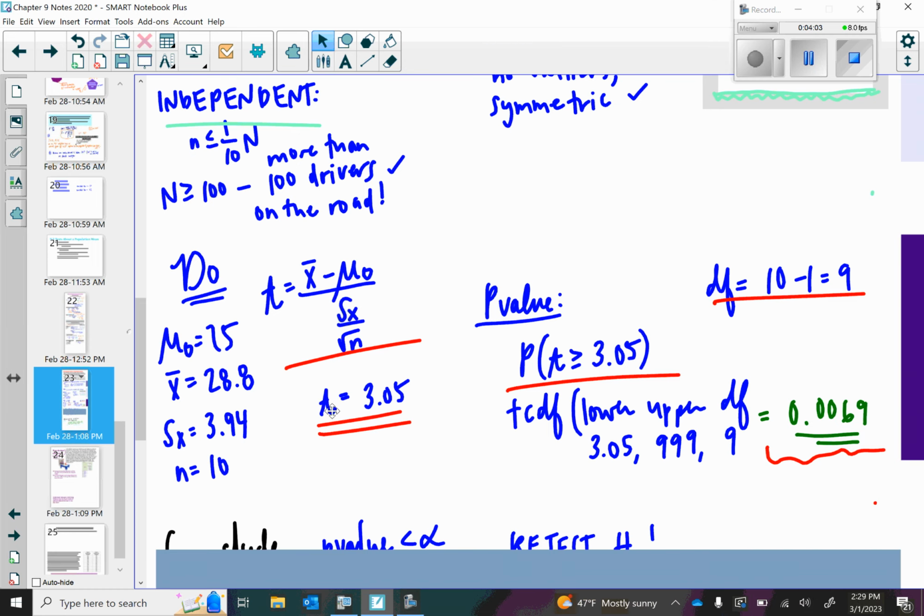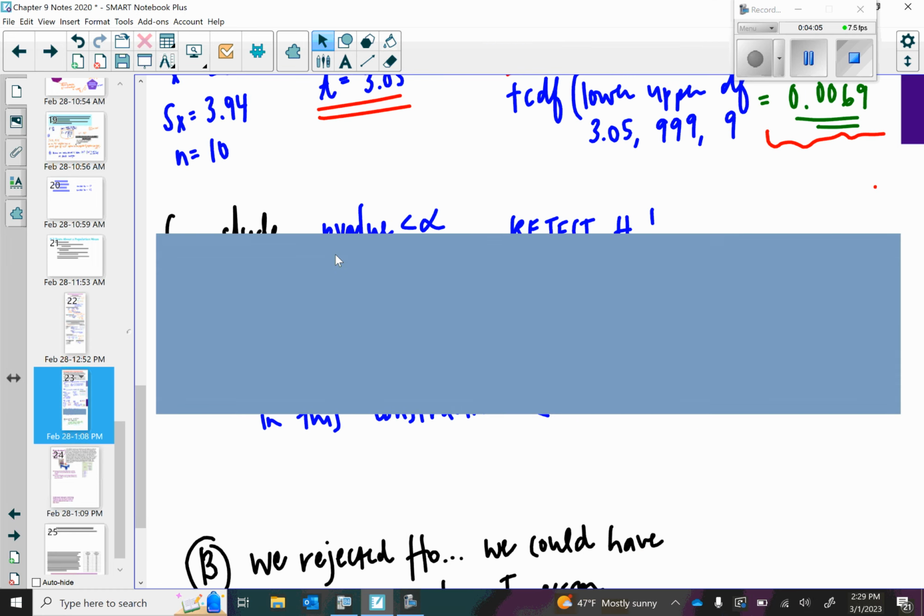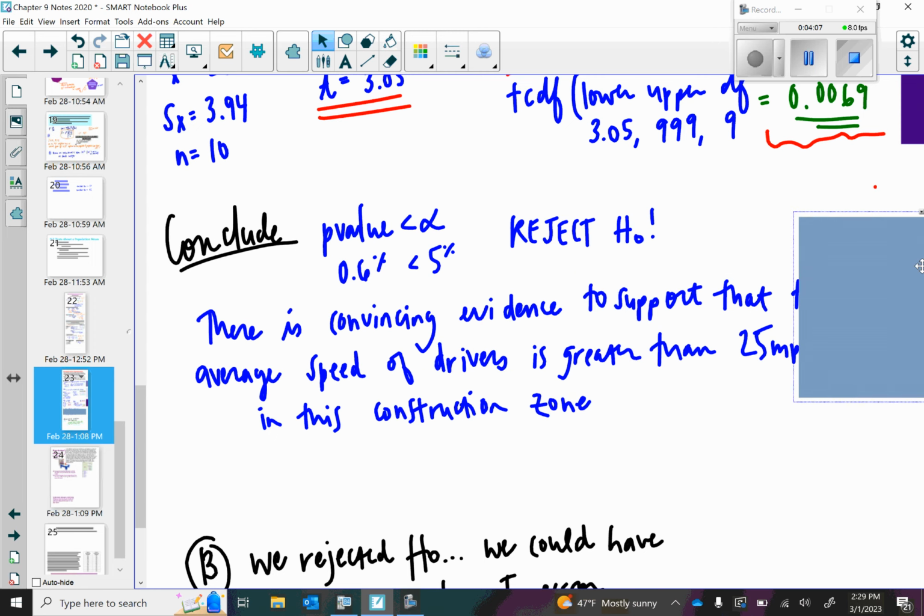Now that I've got my p-value, I can make a conclusion, which is that we are going to reject our null. Our p-value is less than our significance level. 0.6% is less than 5%, which means, again, we reject our null and we have convincing evidence of the alternate. We have convincing evidence to support that the average speed of drivers is greater than the 25 miles per hour that is posted in this construction zone.